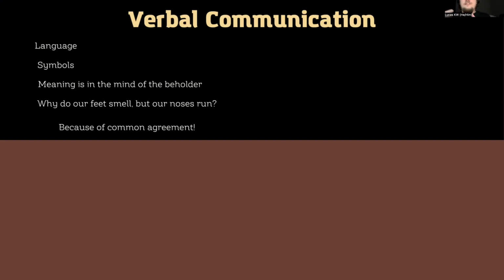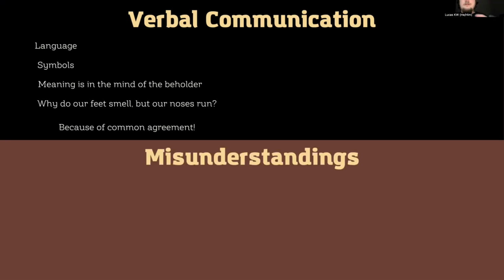But running is saved for feet. But because we have this common language, we have these symbols that we have agreed upon, and we, meaning society, not you and me, but society before we were born, decided that these terms meant what they meant in this context. Okay. And of course, there's going to be room for misunderstandings.